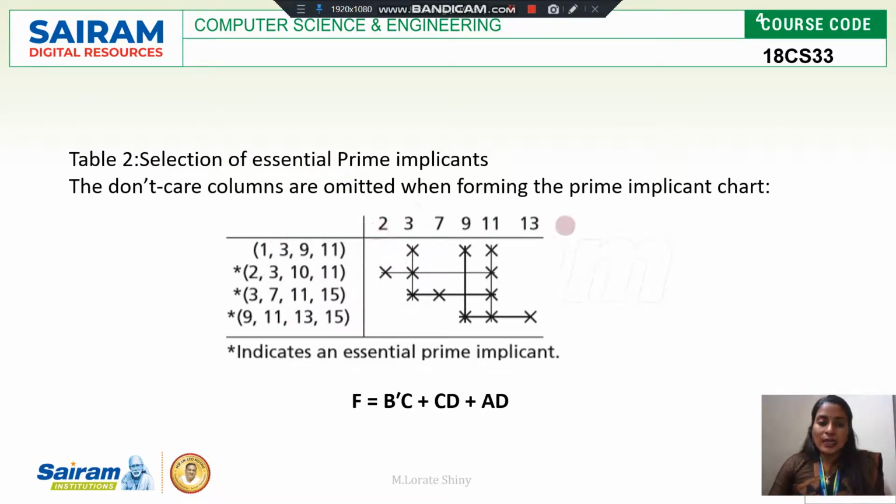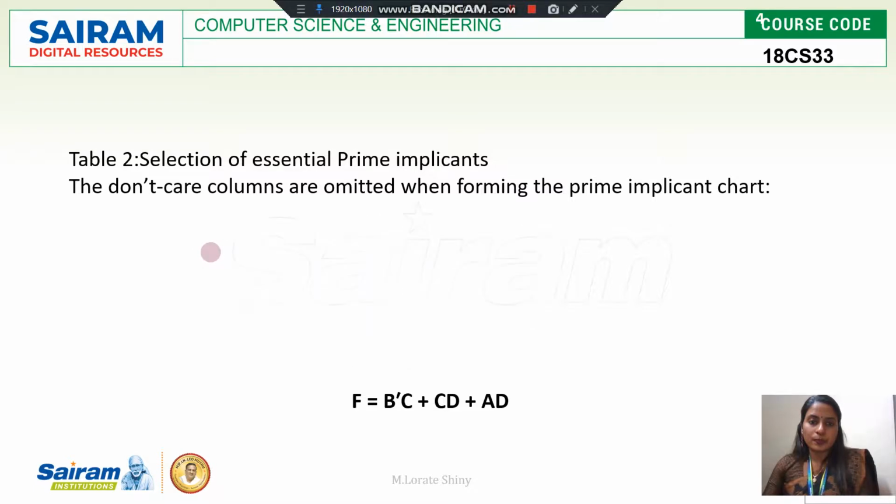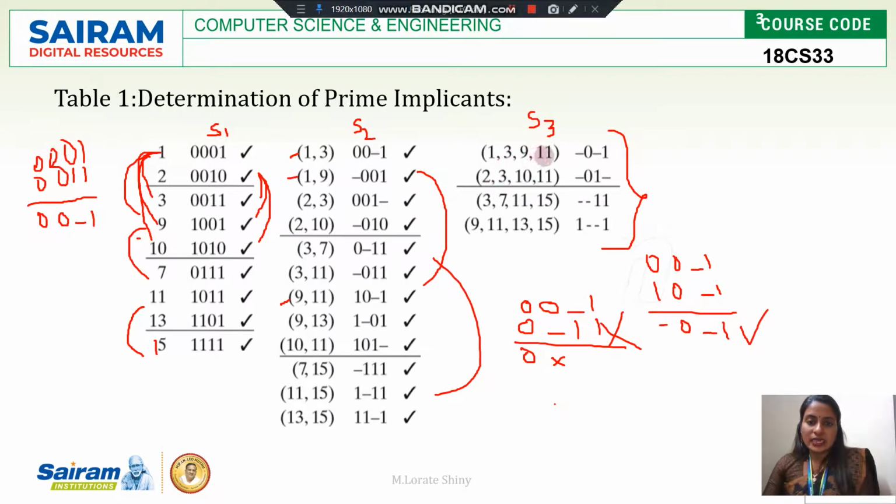Now you have to write min terms. See the corresponding prime implicants. 1 3 9 11 is dash 0 dash 1. This is nothing but, there is no A term, because the dash means there is no A term.